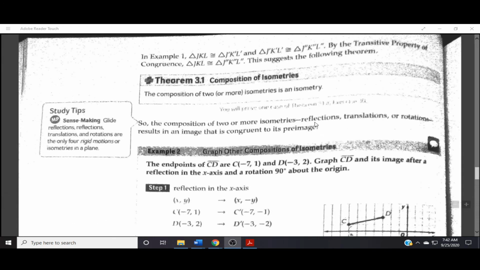Isometries are reflections, translations, and rotations. A composition of transformations is in itself one transformation.